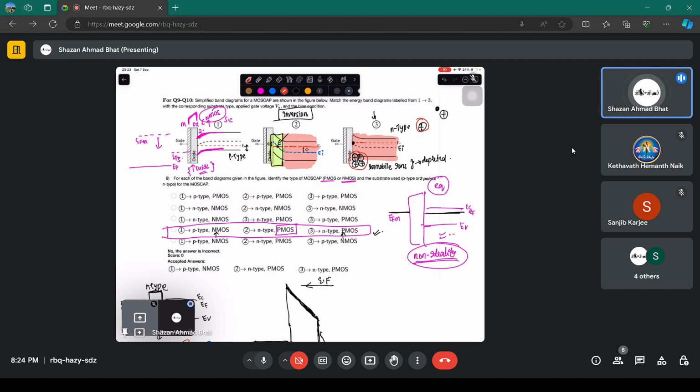And this particular Fermi level and its position with respect to intrinsic level is important.